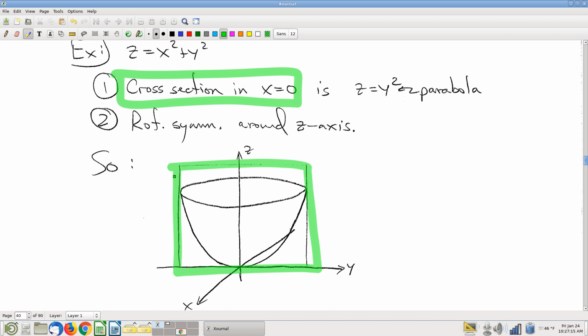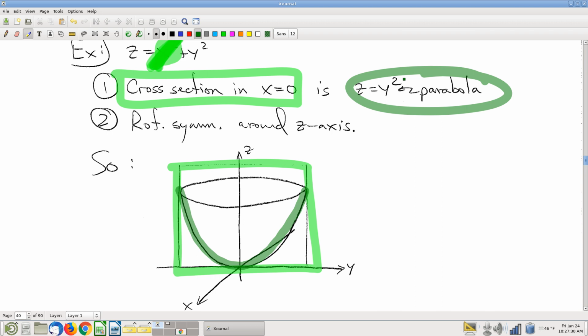If x is equal to 0, that term goes away. We just get z equals y squared. That's easily seen to be a parabola. So my surface is a rotationally symmetric surface whose cross-section in that plane is a parabola.